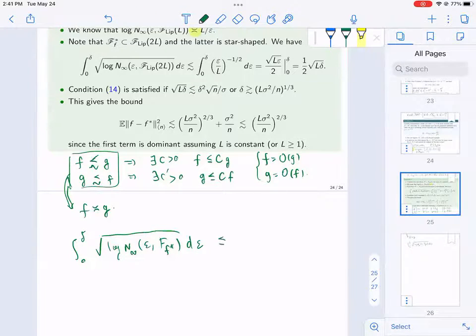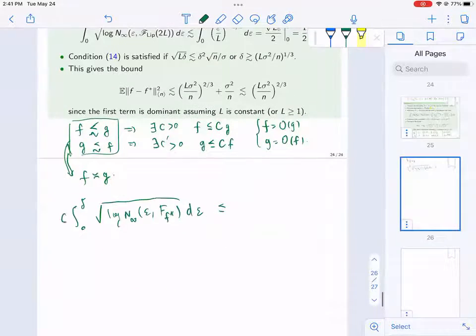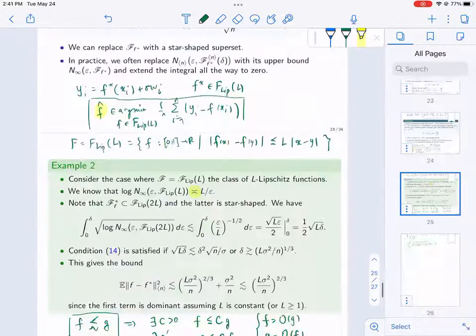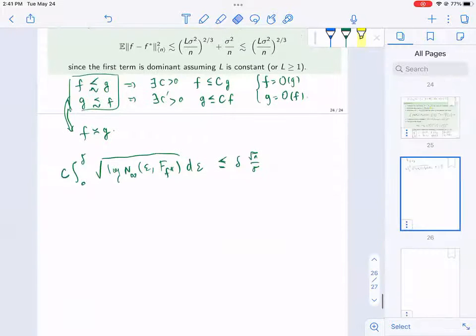This is bounded by a constant times sigma squared, root n over sigma, something like that. Delta root n over sigma. I want to solve this.